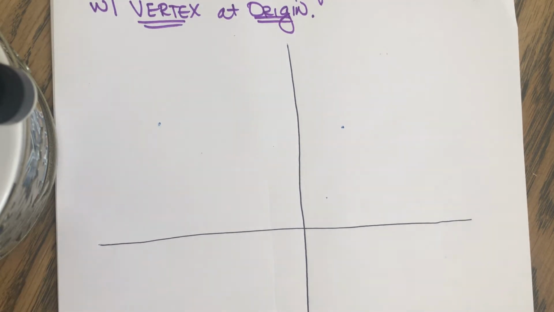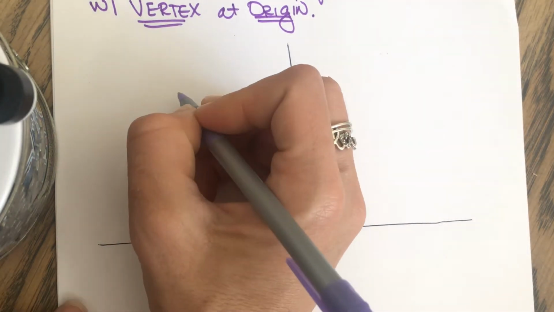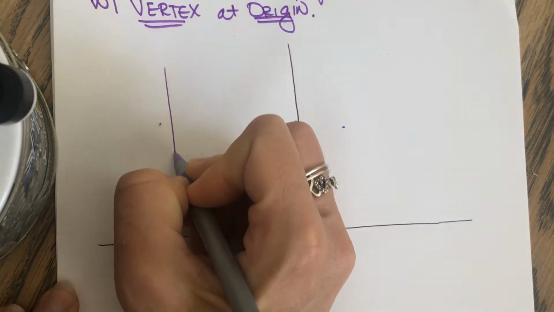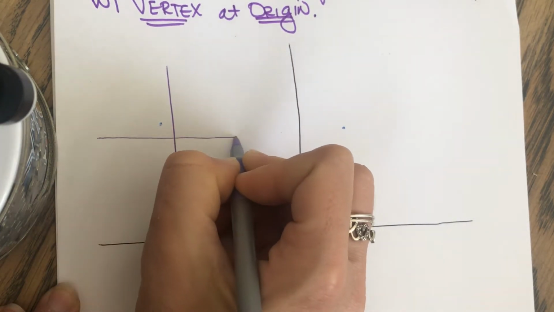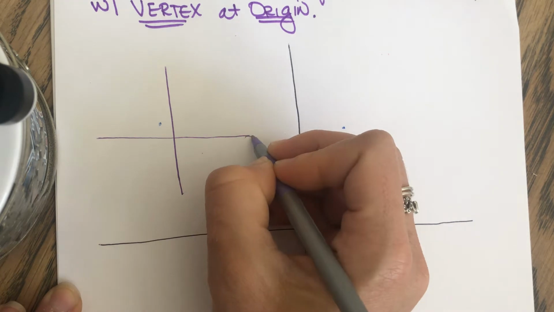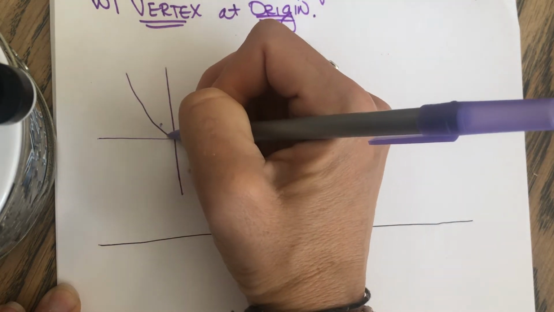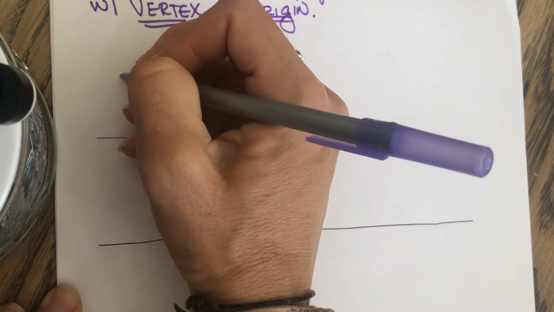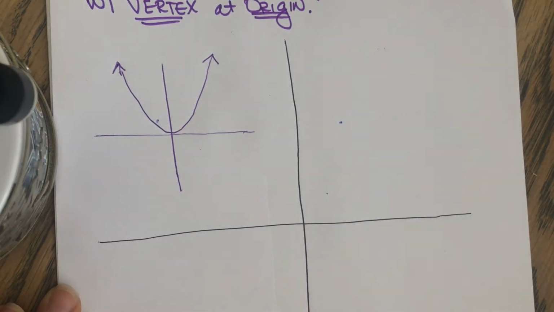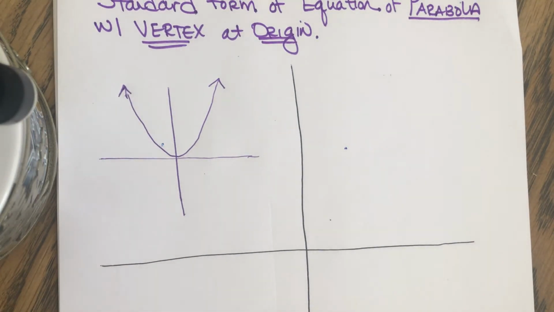Okay, so let's first do when my parabola looks like this. Okay, so when your parabola looks like that, bear with me, you should know it's y equals x squared, as we've always done.